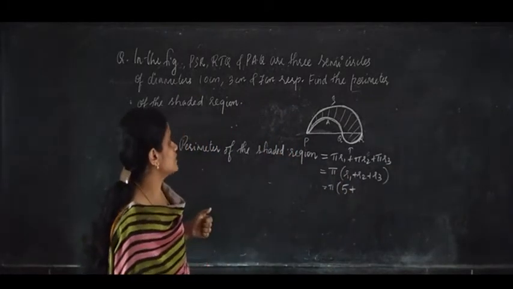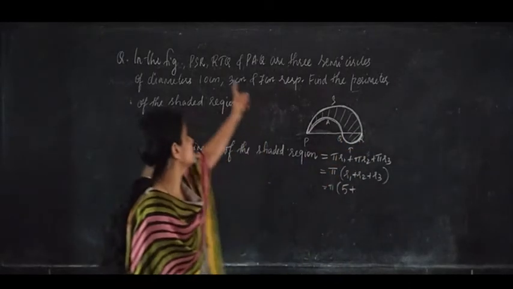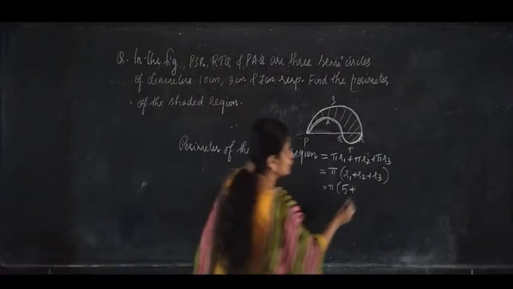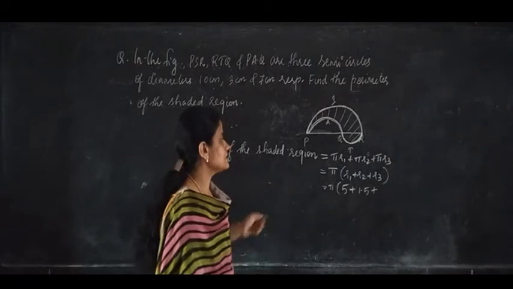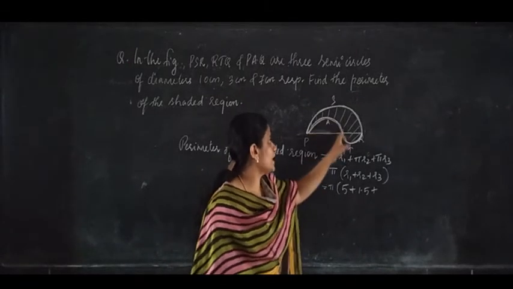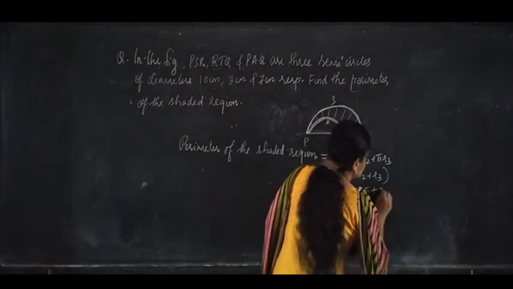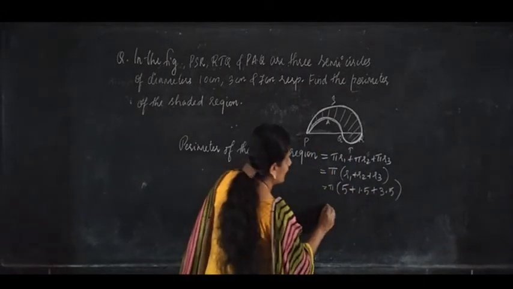Now what is R2? Here R2 we have taken as RTQ. The diameter of RTQ is 3 centimeter. Therefore radius is 1.5. Plus the next one, R3, PAQ. The diameter is 7, so the radius is 3.5. Is it clear? So what do you have?